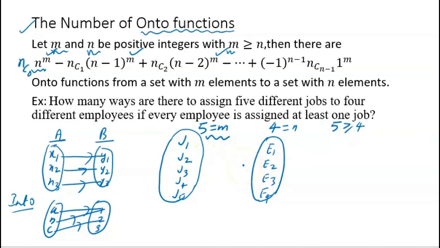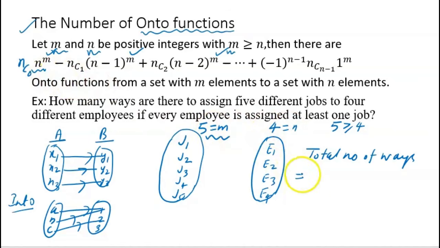So how many possibilities are there? Let us answer this question and count the number of ways of assigning the jobs. I am writing total number of ways, and that is equal to: here m is 5 and n is 4.